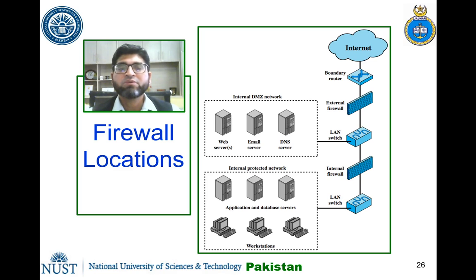Number two, it provides two-way protection with respect to the DMZ, protecting the remainder of the network from attacks launched from the DMZ and protecting DMZ systems from attack from the internal protected network. Number three, multiple internal firewalls can be used to protect portions of the internal network from each other.